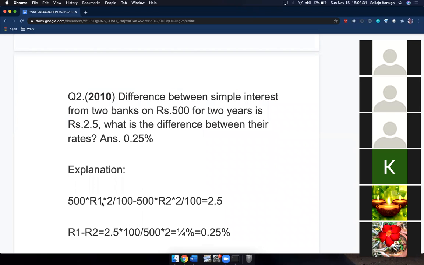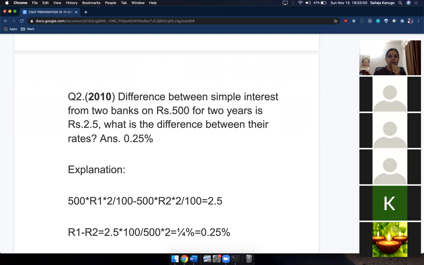So 500 into R1 into 2 by 100 minus the second bank. We will assume that R1 is the bank with the greater rate of interest. 500 into R2 into 2 by 100. The difference is 2.5, right? So you can take 500 into 2 by 100 as common and send it to the right hand side.